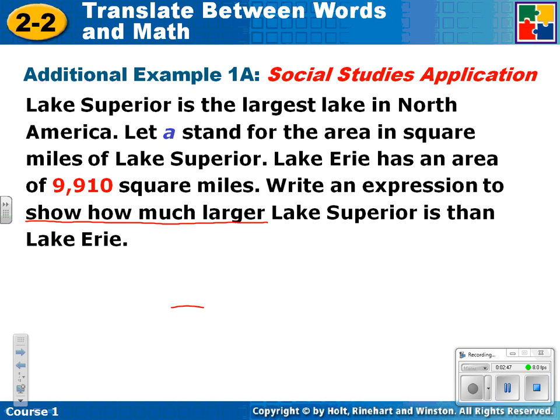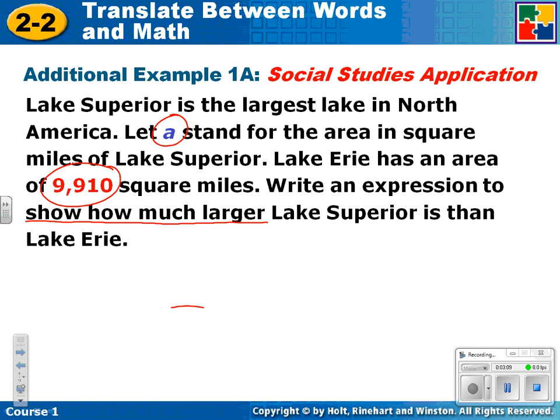Now, you also know that in our algebraic expression, we're going to have this and we're going to have this. We just need to figure out which one is going to go where. Lake Superior is the largest lake in North America, and A stands for the area in square miles of Lake Superior. Lake Erie has an area of 9,910.